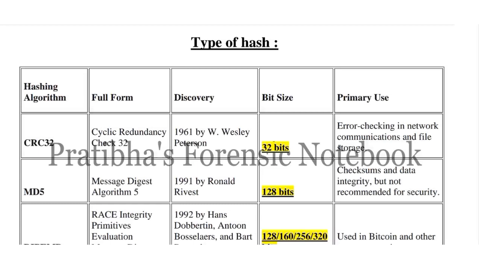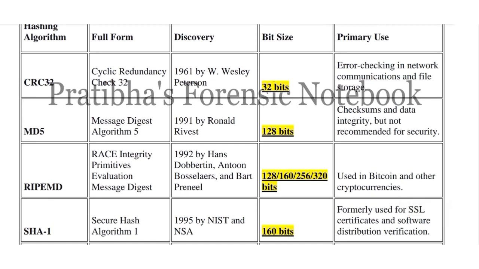There are different types of hash values, depending upon the bit size. CRC32 means cyclic redundancy check 32, discovered in 1961, with a size of 32 bits. Then MD5 means Message Digest Algorithm 5, discovered by Ronald Rivest in 1991, with 128 bits.